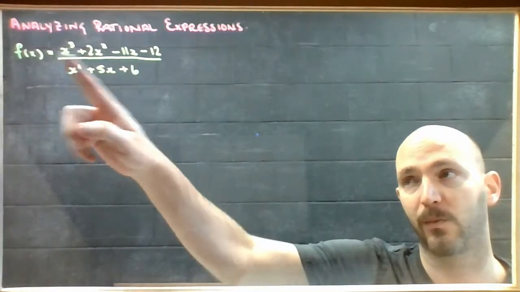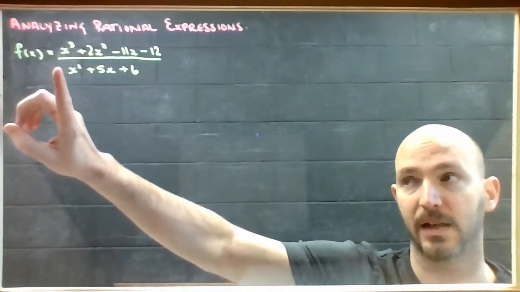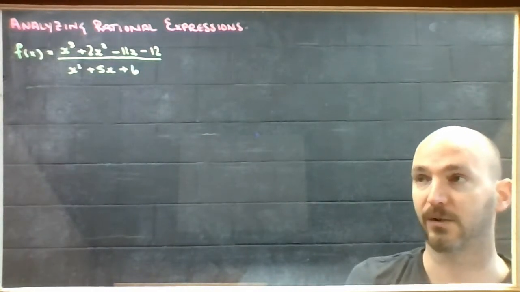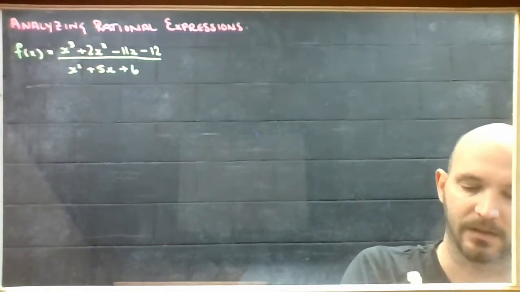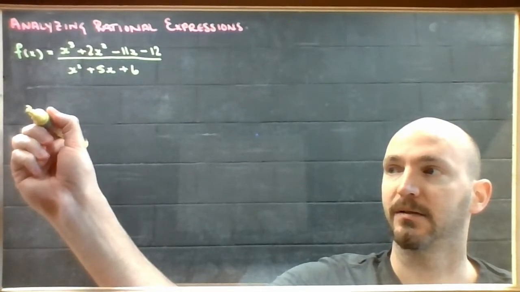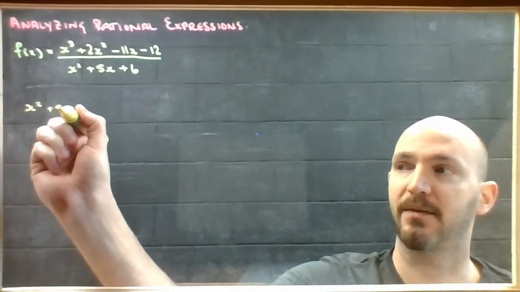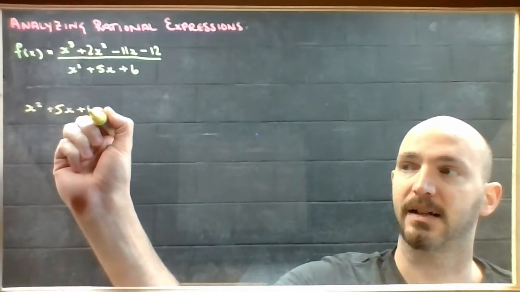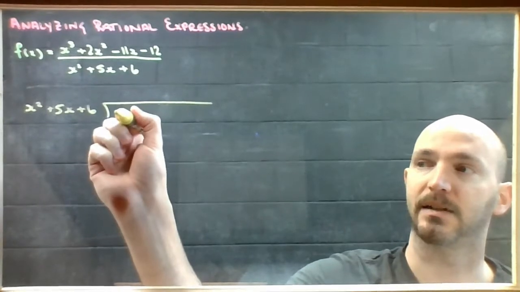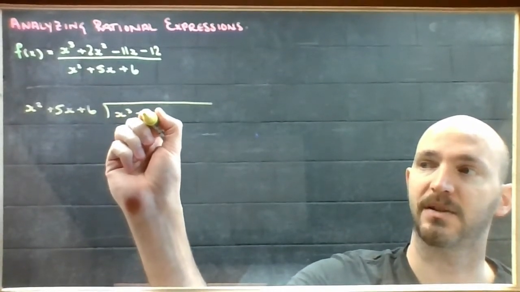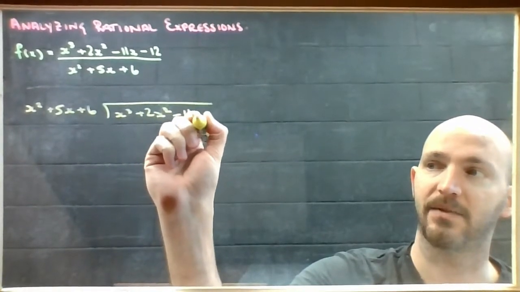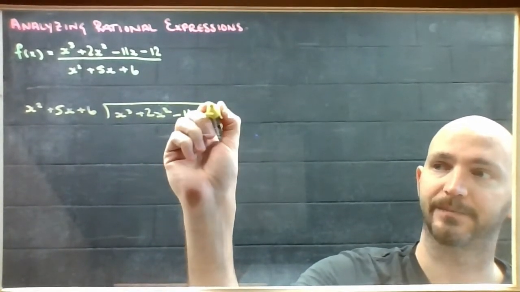I'm going to take what it says here, this cubic, and I'm going to divide it by this parabola using the long division algorithm. So I can start off by doing x squared plus 5x plus 6 is dividing x cubed plus 2x squared minus 11x minus 12.